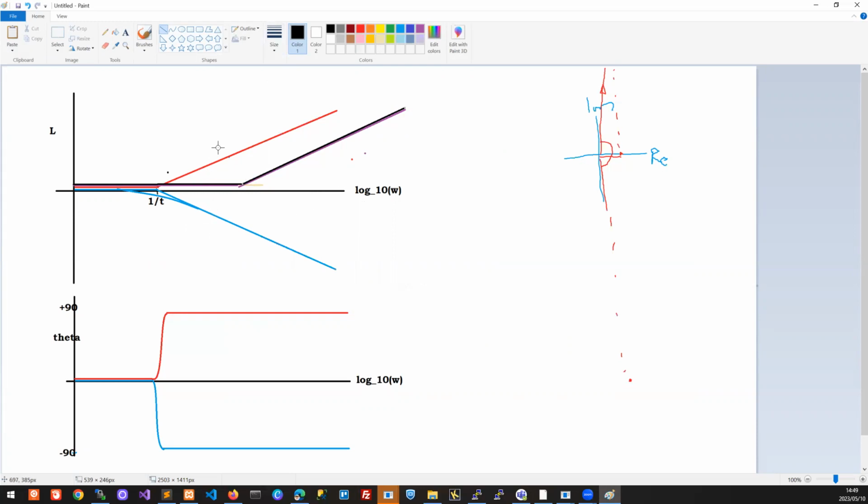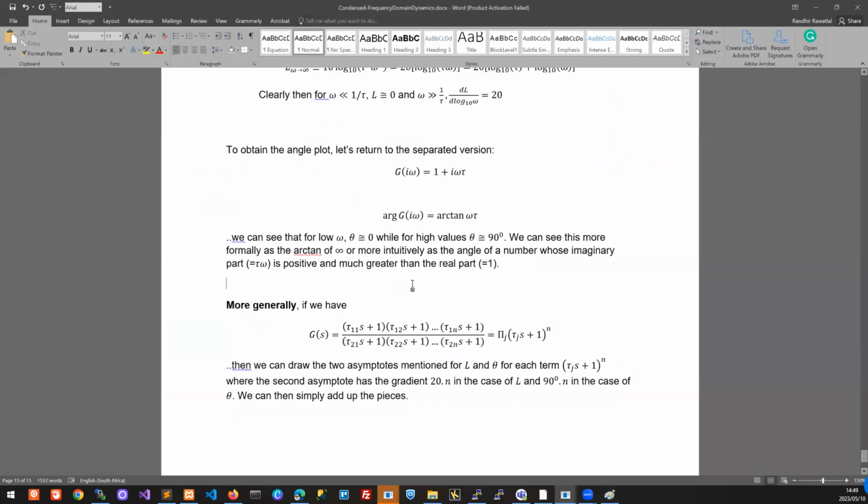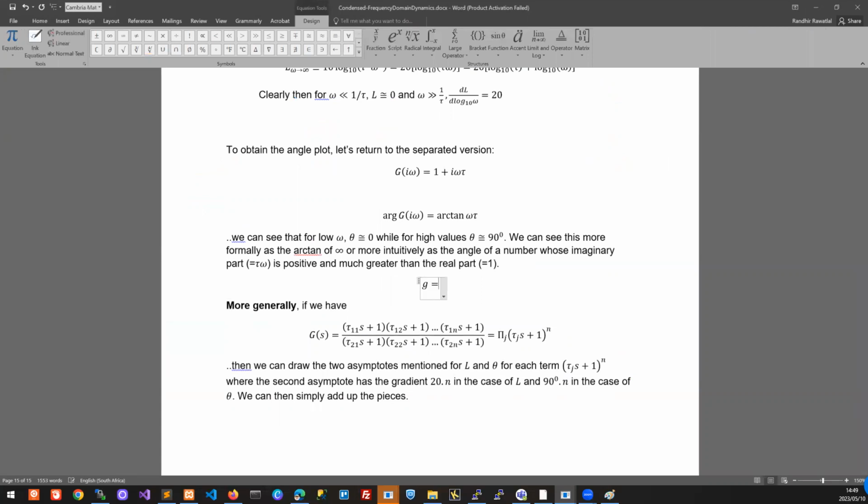This is simulating the case where we have an equation that looks like this. Let's say our G equals tau 1 s plus 1, then tau 2 s plus 1, and all of this is divided by tau 1 s plus 1.